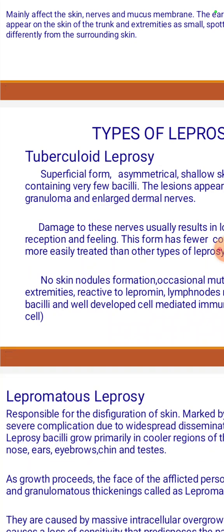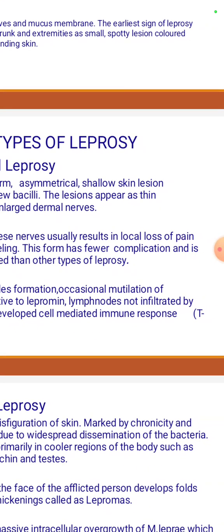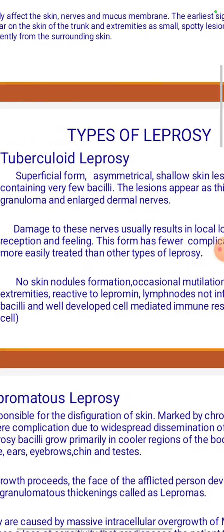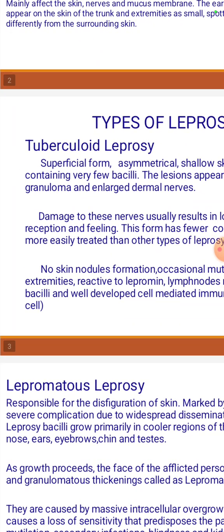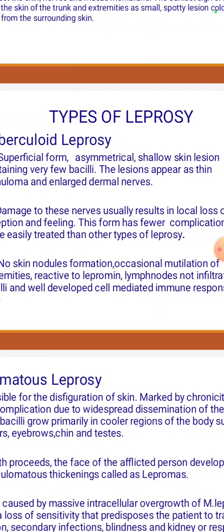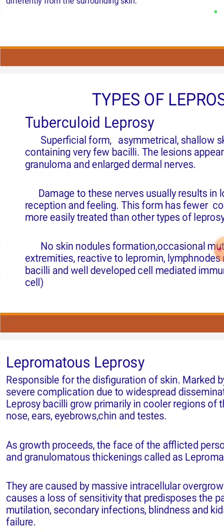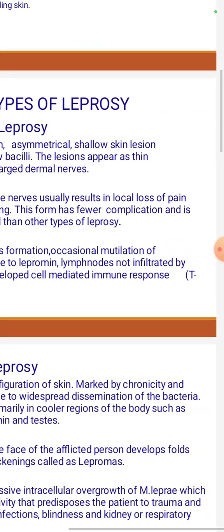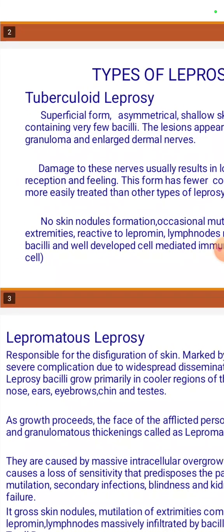Second one is lepromatous leprosy, responsible for the disfiguration of skin. It is marked by chronicity and severe complications due to widespread dissemination of the bacteria. Leprosy bacilli grow primarily in cooler regions of the body, such as the nose, ears, eyebrows, chin, and testes.